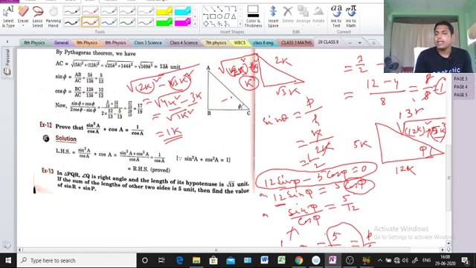That means 13k. Directly also we can say it: since the perpendicular is 5k and base is 12k, the hypotenuse will be 13k. Otherwise, if the perpendicular is 12k and base 5k, the hypotenuse will still be 13k. Clear? Okay.